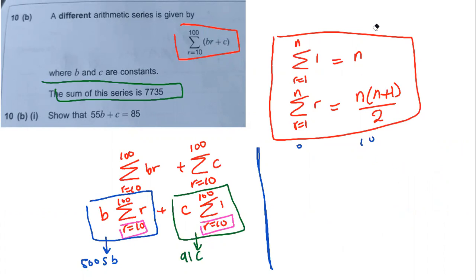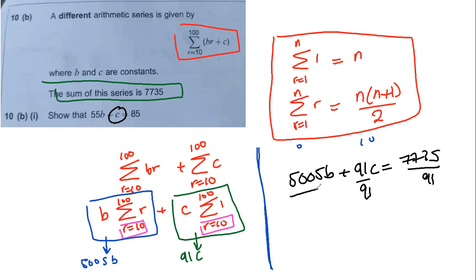So let me summarize now. I have 5005b plus 91c equals 7735. Now, if I look here, I need to have just simply c. So let me divide everything by 91. Can I do that? Can I divide everything by 91? Of course, I know that if I divide 91c by 91, this is a 1c.